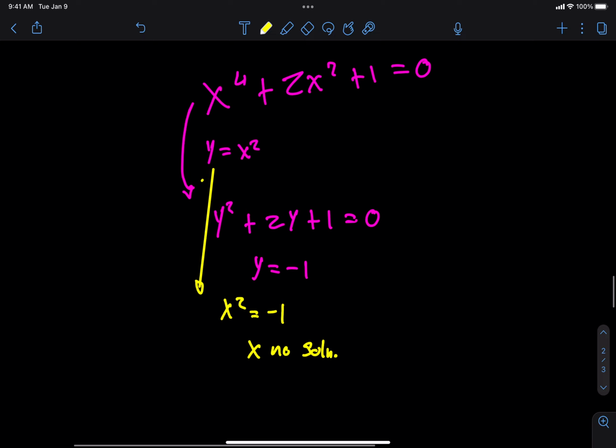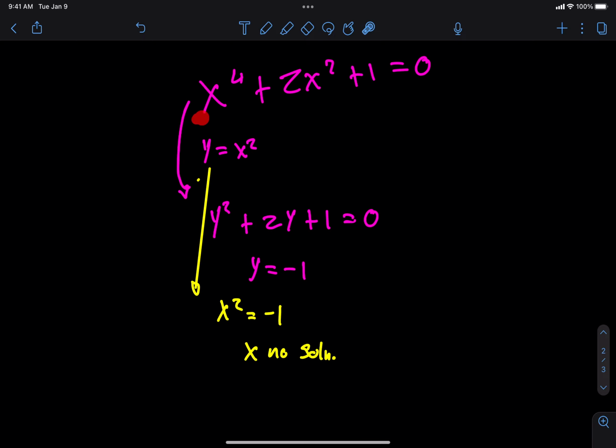Okay, so quadratic in form is kind of like a composition of functions. We're taking one function, squaring it, and then adding 2 times just that function, and then adding something else equals 0, and you solve it like a quadratic equation where you make this change of variables.